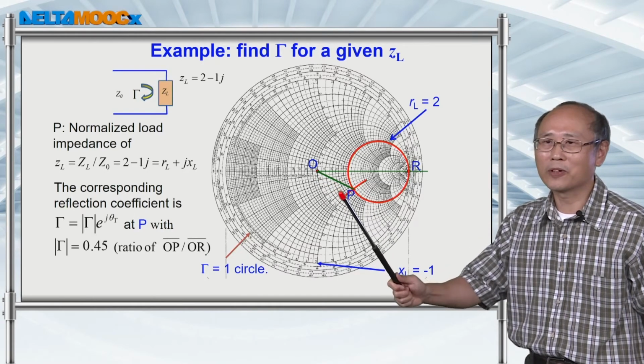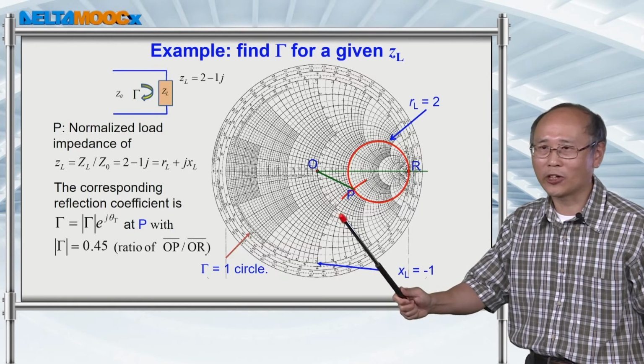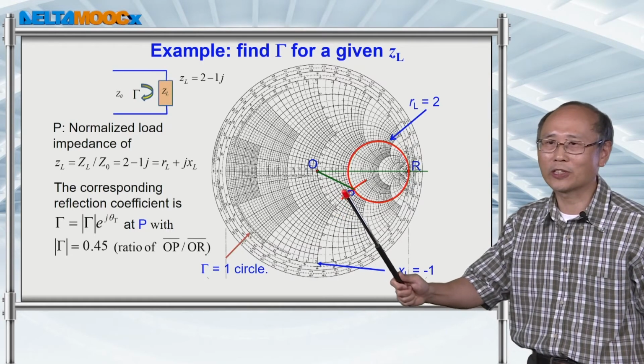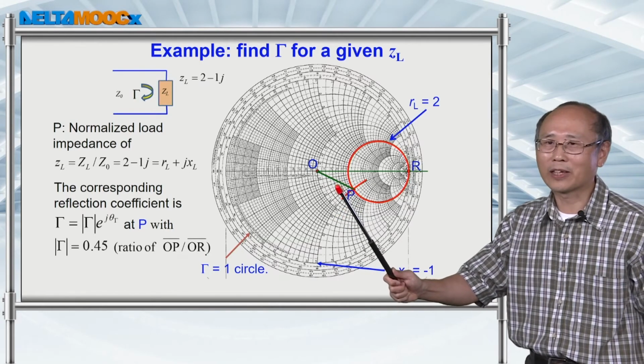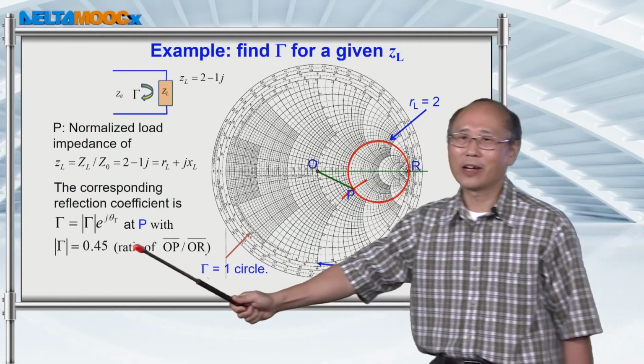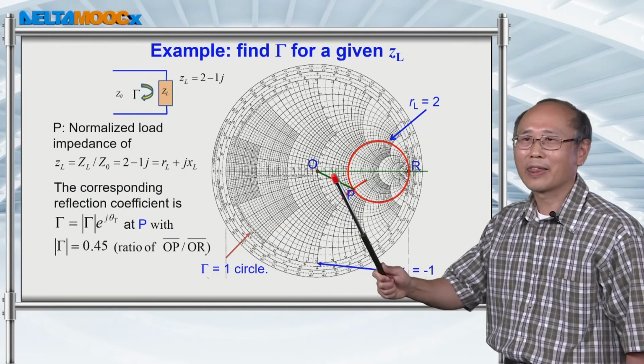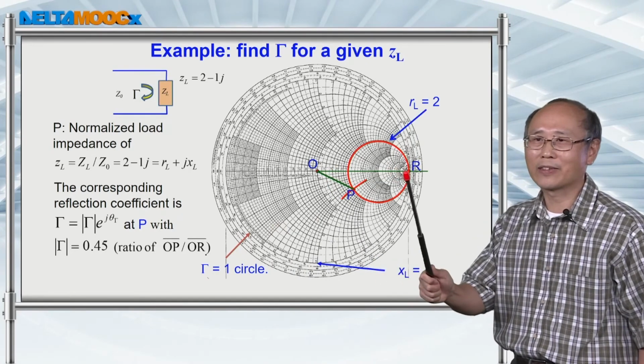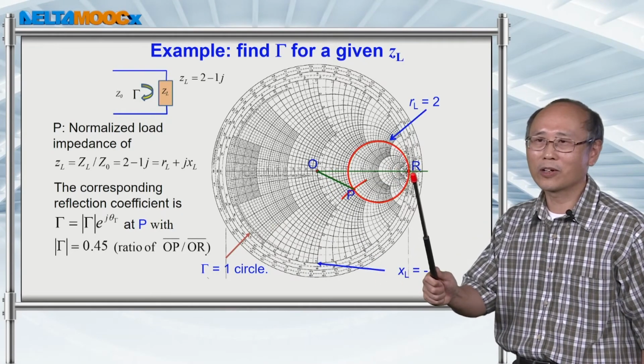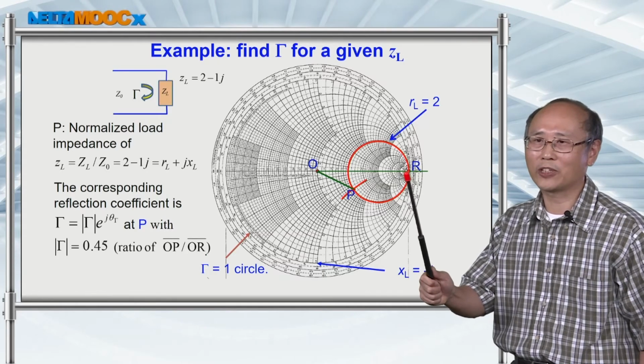And remember, a Smith chart is a gamma chart in the polar coordinate system. So the length of this is going to tell you the magnitude of this reflection coefficient. And the longest length is equal to 1, corresponding to 100% reflection.